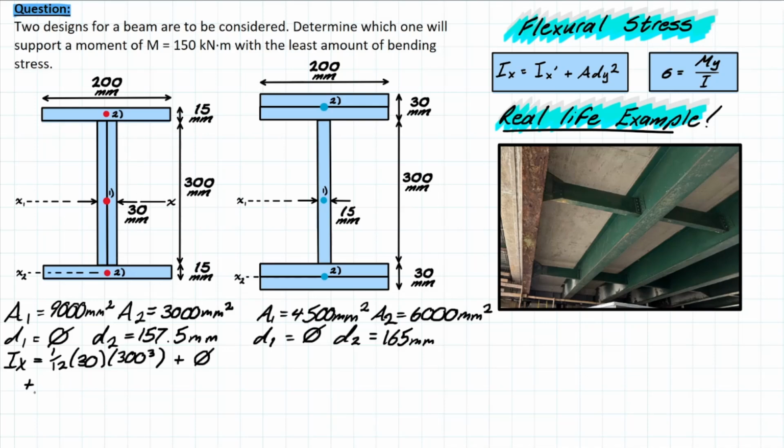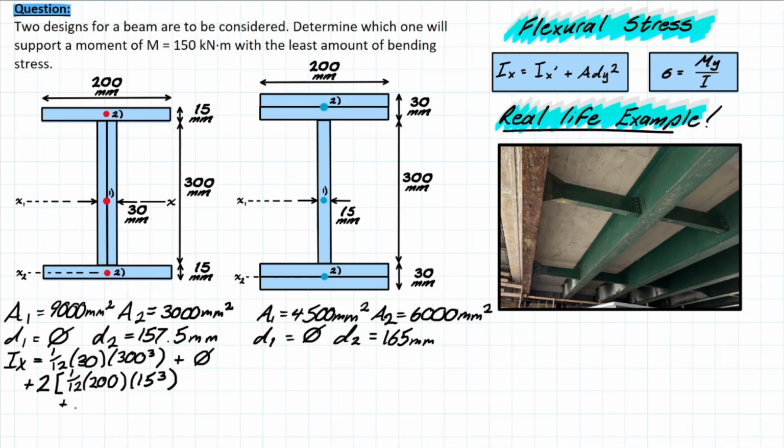Then we add the second part of our formula, which is going to be for the top and bottom flanges. So we're going to start by multiplying this all by 2 because we have 2 of these. Same thing, start with 1 over 12 for this x prime value, that local moment of inertia, except now our base is 200 and our height is going to be 15, and that's to the power of 3.